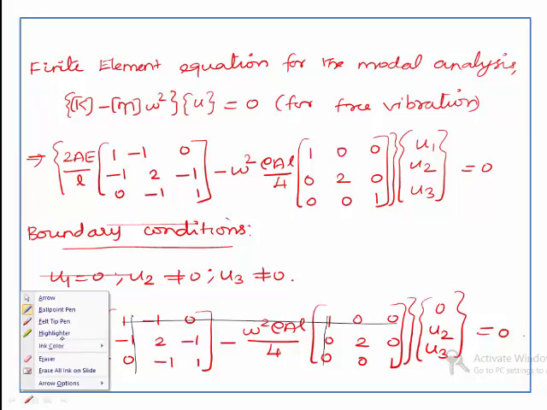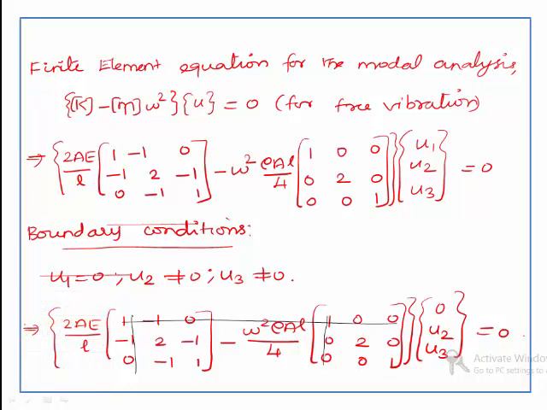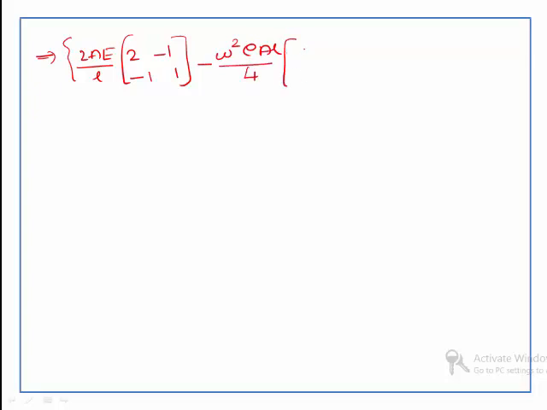Okay. So remaining terms வச்சு matrix எழுதணும் அப்படின்னா 2 AE by L [2 -1; -1 1] minus omega square rho A L by 4 [2 0; 0 1] times [U2 U3] is equal to 0.